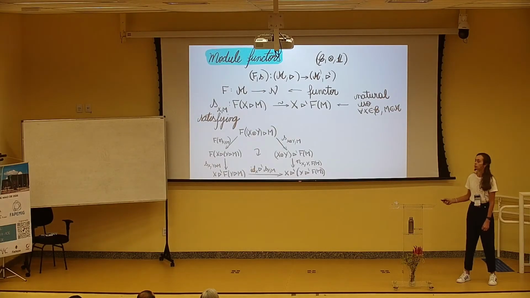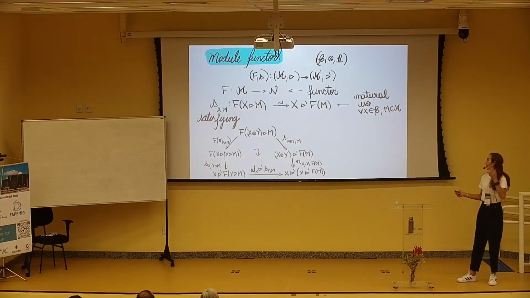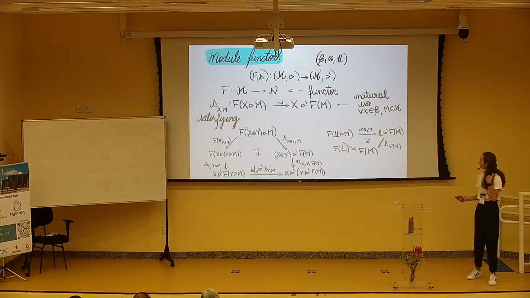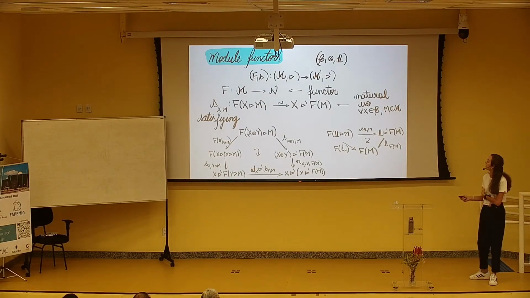And I should have something similar for the unit, right? If I act with the unit, it should be compatible with the left unit on both sides. So the definition is what we expect. So these are module functors.